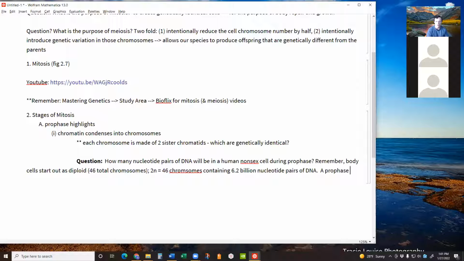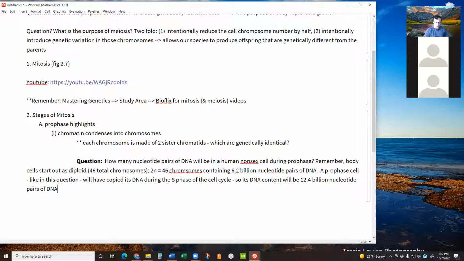A prophase cell, like I'm asking you about in this question, will have copied its DNA during the S phase of the cell cycle. So its DNA content will be 12.4 billion nucleotide pairs of DNA.